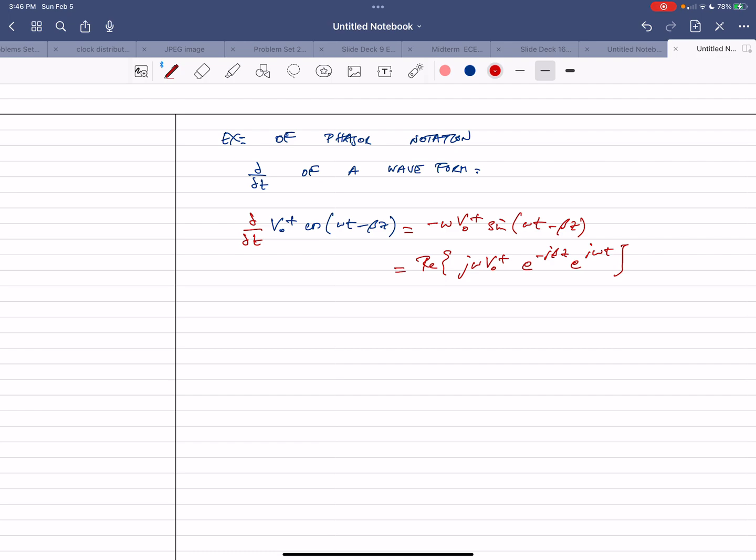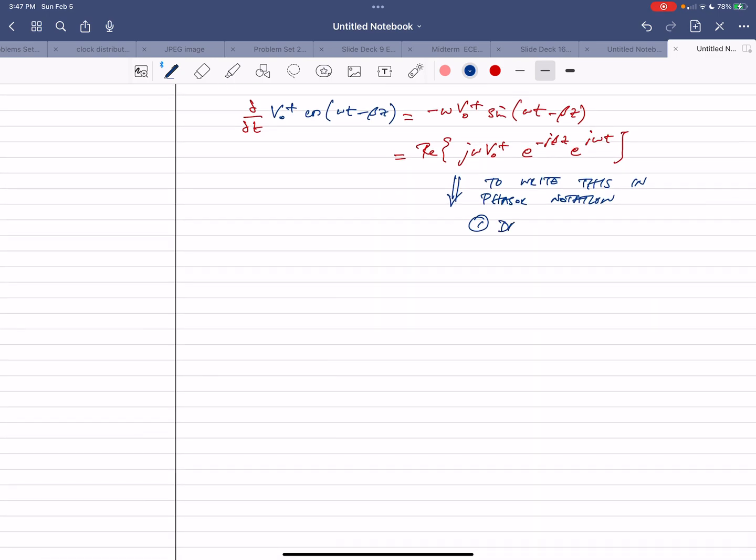Okay, so to write this in phasor notation, I'm going to drop the real part of, and then two, drop the e to the j omega t.